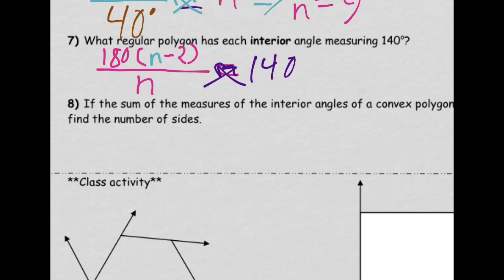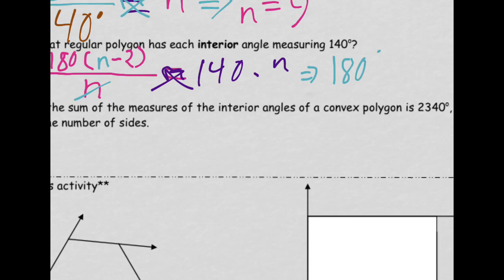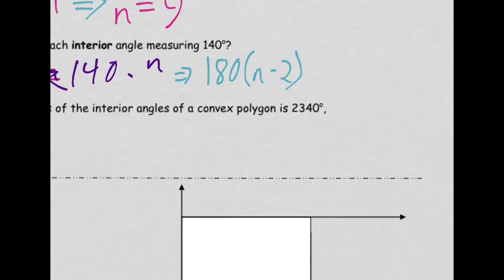So we're going to cross multiply this. We multiply each side by n. We can see that this n and that n just cancel out. And so now I have 140n. Let's do 180 times n minus 2 equals 140n.